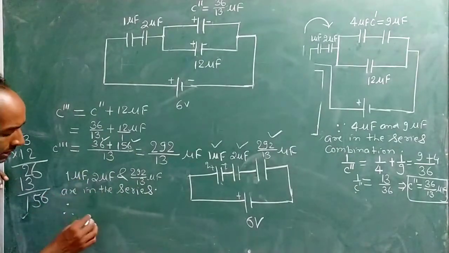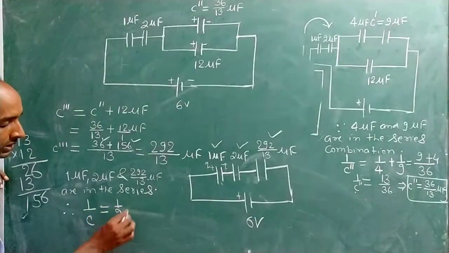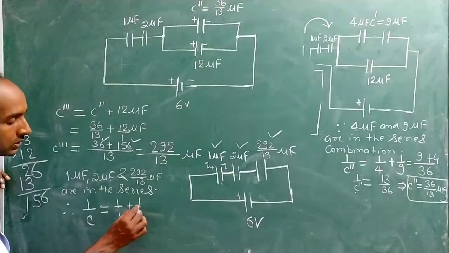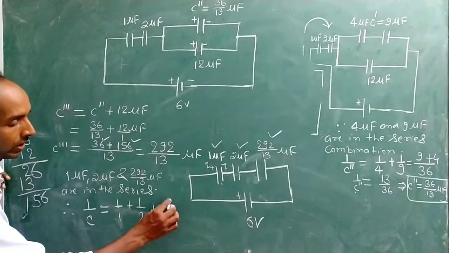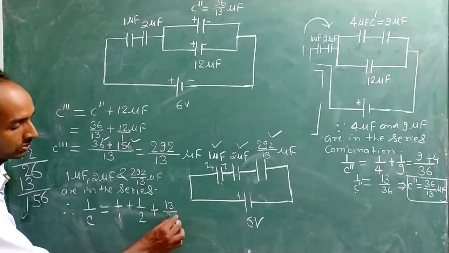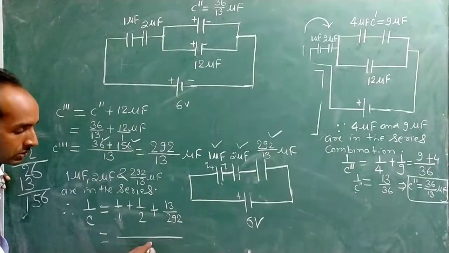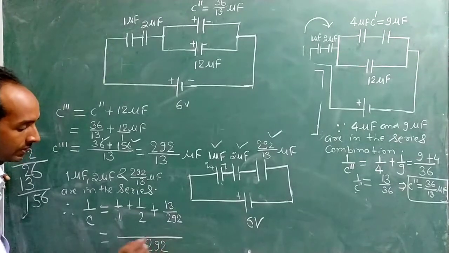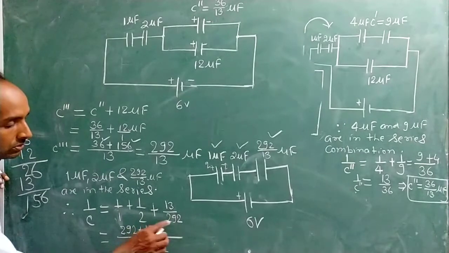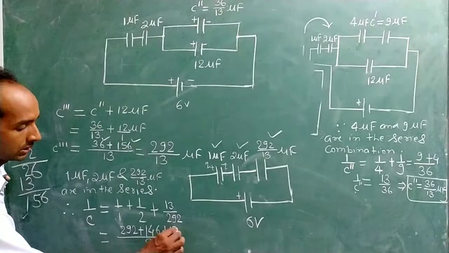Therefore, its equivalent will be 1 by C equal to 1 by 2 plus 1 by 1 plus 1 upon 192 by 13, that means 13 upon 192. The LCM will be 192. This will be 2 ones are 2, 2 twos are 4, 2 sixes are 12, plus 13.